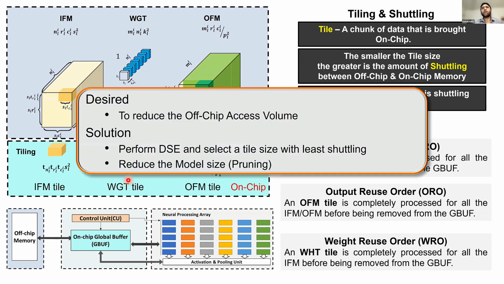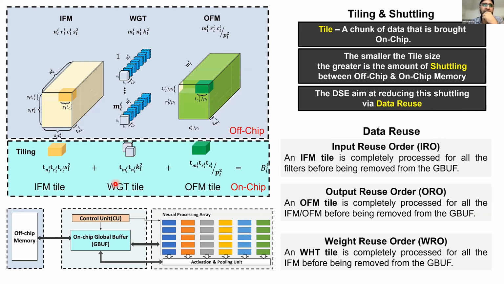Obviously there will be a limit to the amount of optimization one can do, and there's still a chance that even after doing the design space exploration, we have a lot of off-chip memory access overhead.